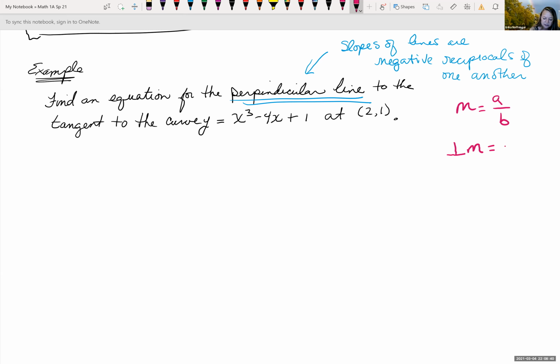So if this was positive, this would be negative. Flip my fraction, b over a. Okay, so I know now that I need to find the slope that's perpendicular to this tangent line.